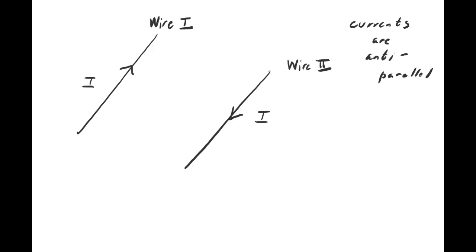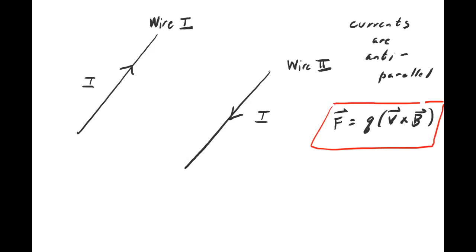So I'm going to work backwards. I'm going to assume that I believe this expression. And then I'm going to ask myself, if I believe this expression, what is going to happen in this system? What's going to happen between these two wires if their currents are anti-parallel to each other?